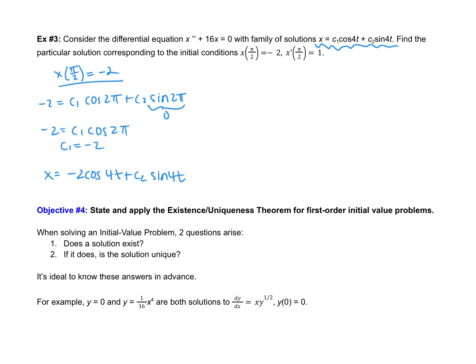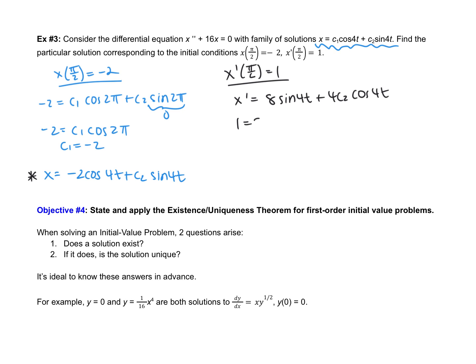Okay, so then our second condition is that x prime of pi over 2 is equal to 1. So from our x equation, we're now going to need to find x prime, which gives us 8 sine of 4t, add 4 c2 cosine of 4t. And now we're going to substitute in that condition.